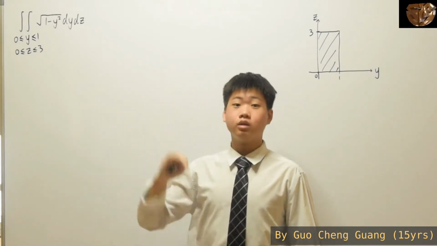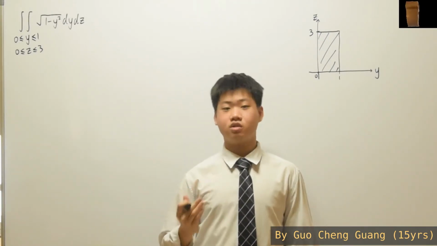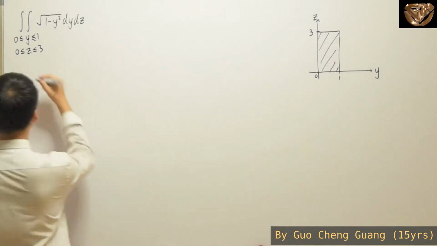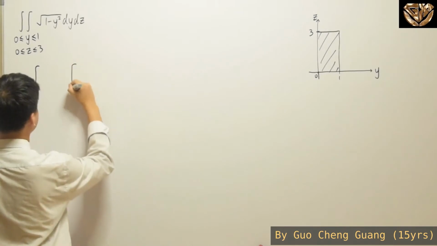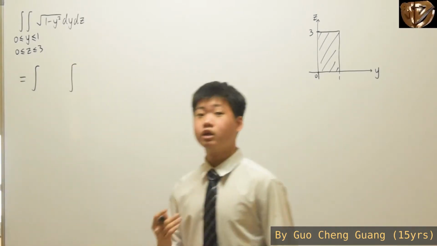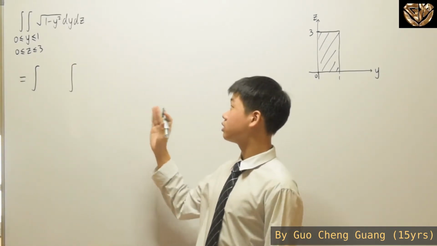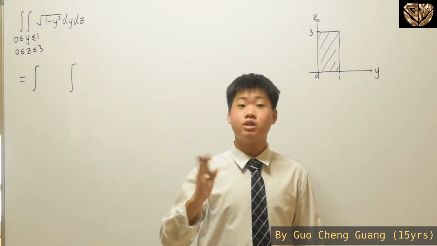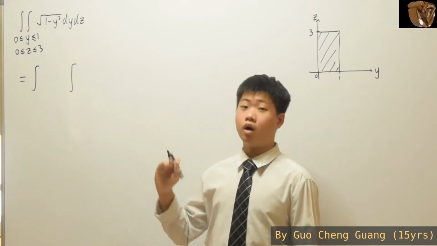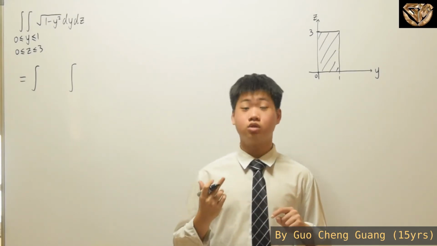Now we can change it into an iterative integration form. You have two different integrations, and you realize your integrand is entirely about y, which means you could just integrate z separately, since they are pretty much independent of each other too.